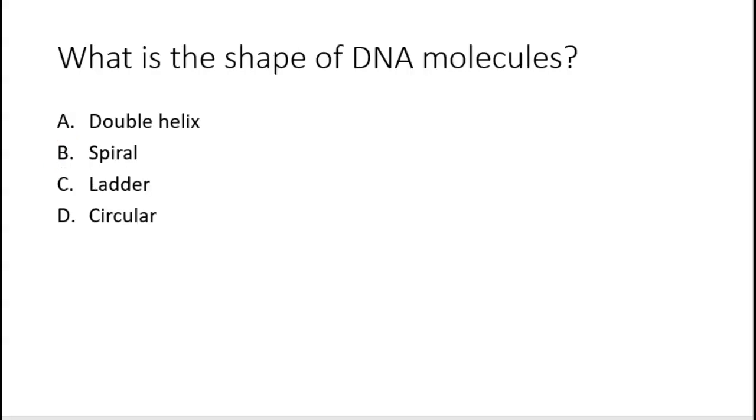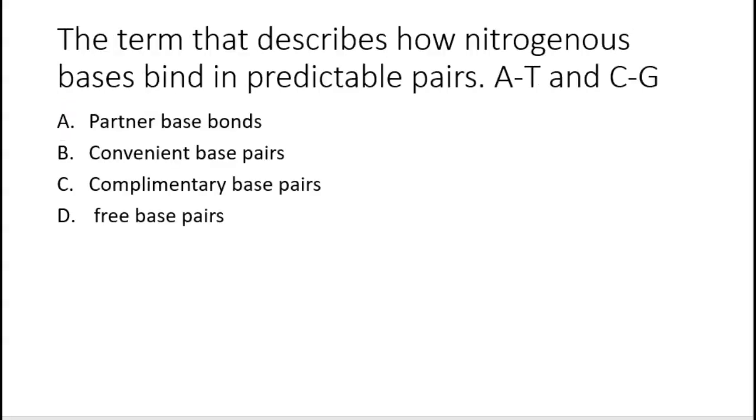Next question. What is the shape of DNA molecules? A, double helix, B, spiral, C, ladder, or D, circular? A, double helix. The term that describes how nitrogenous bases bind in predictable pairs?